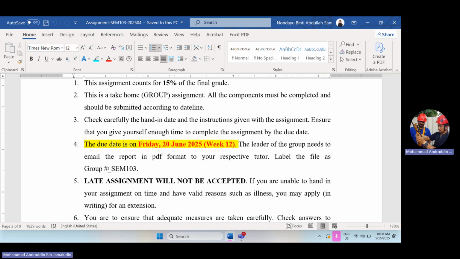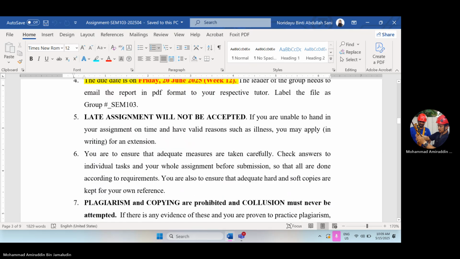I label them group 1, group 2, then you fill in, and that's your group number. Or else I have to check. It's about 100 students. Because that day I conducted a replacement class, many of them don't even know their group.